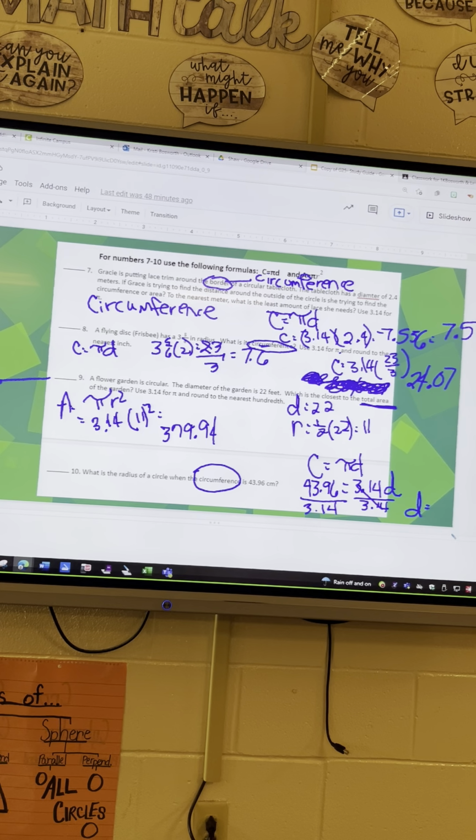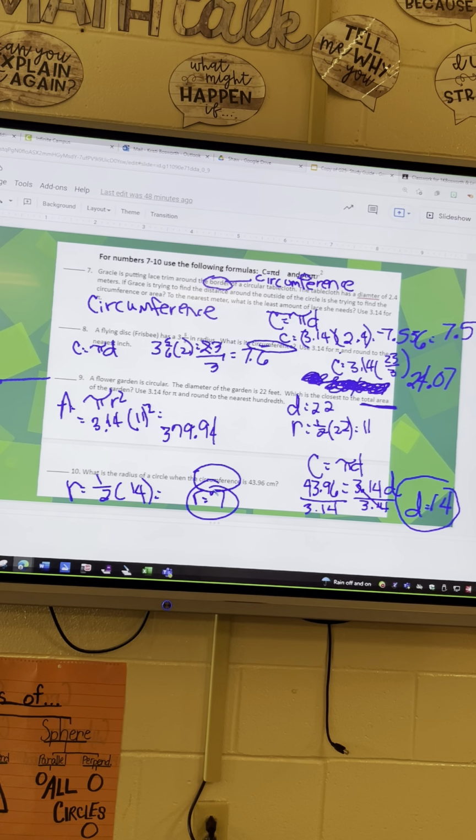So D equals 14. Is that the answer? No. R is going to be 1/2 of 14, which is 7. So R equals 7. Half of 14 is 7.